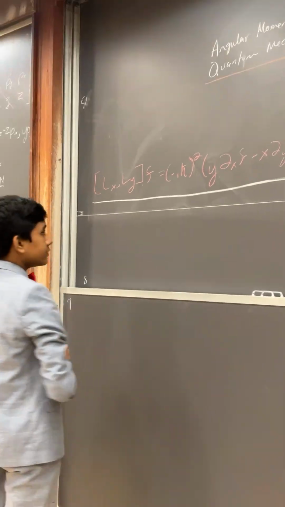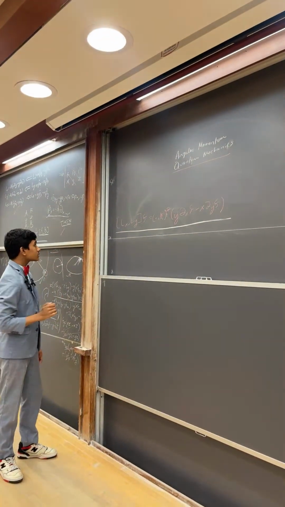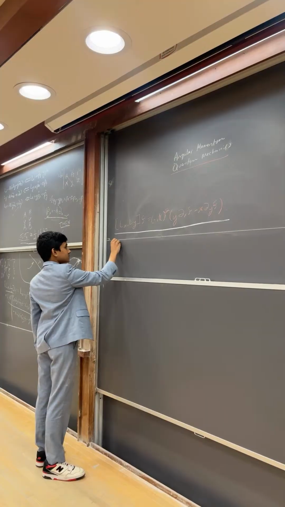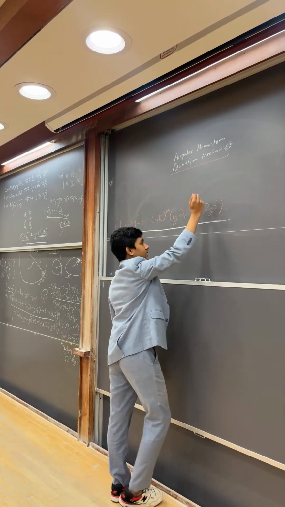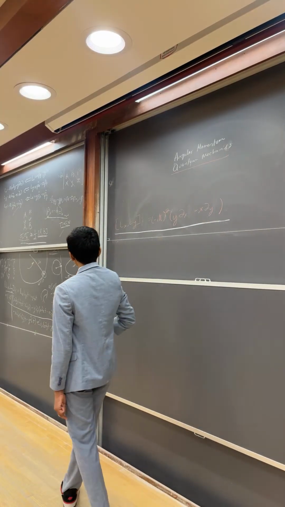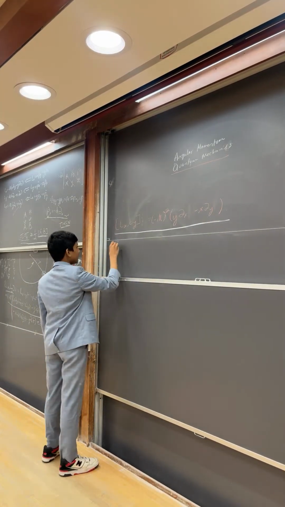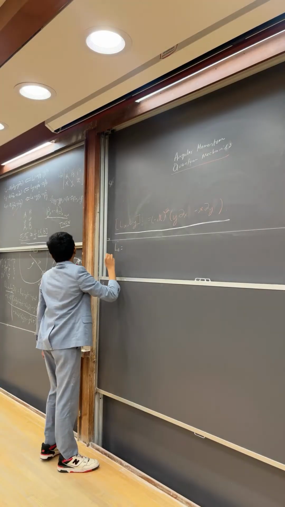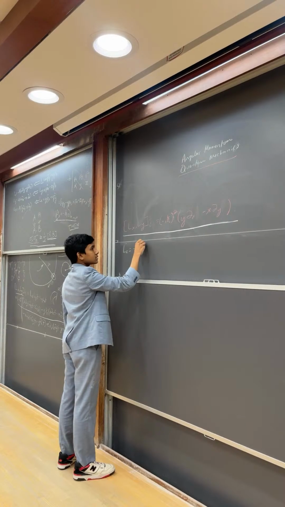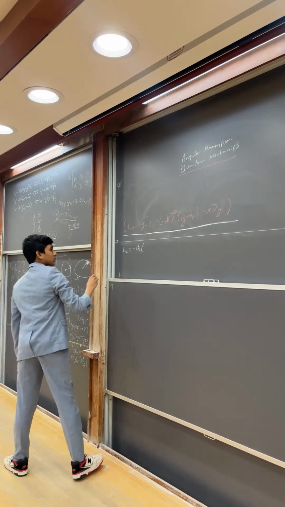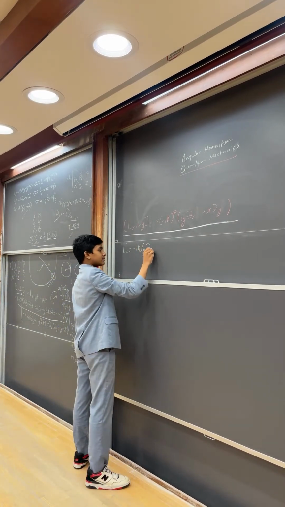So now, what do we do with this? Well, you probably have noticed that if we eliminate the f, this looks very similar to Lz, which is just minus iħ times y partial x minus x partial y.